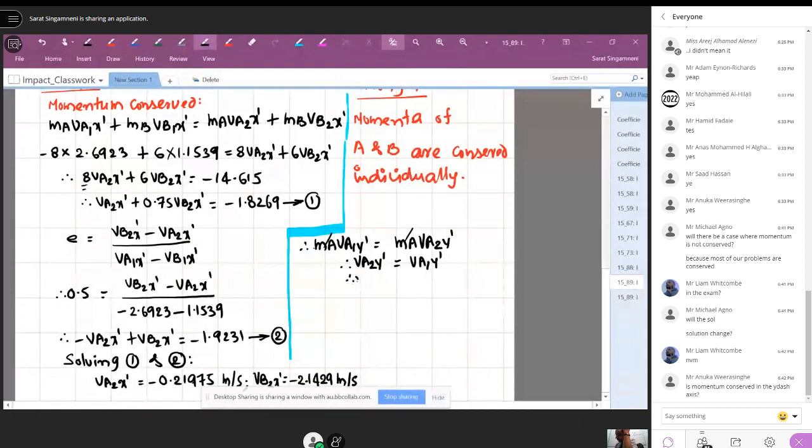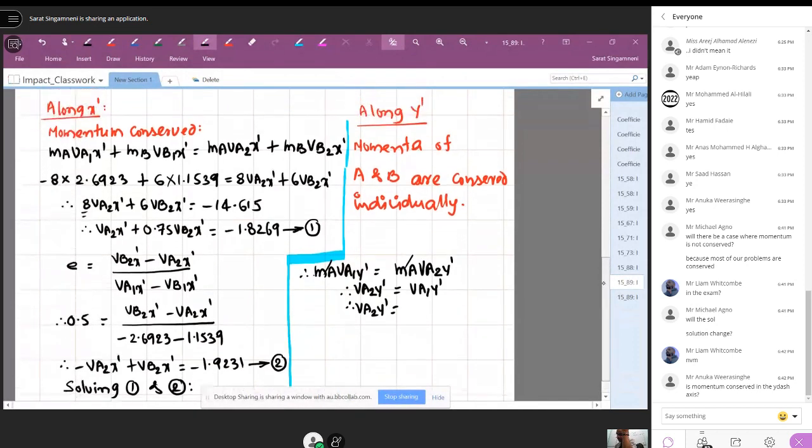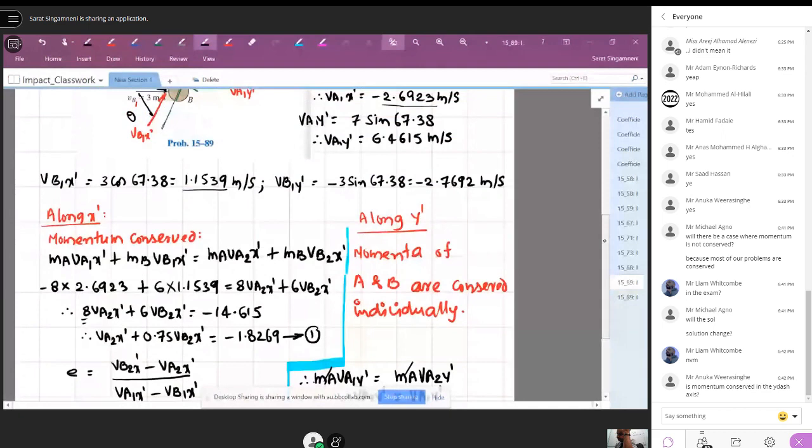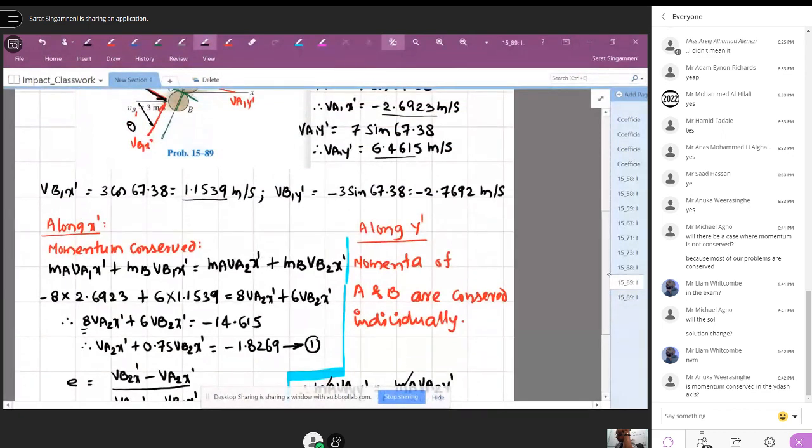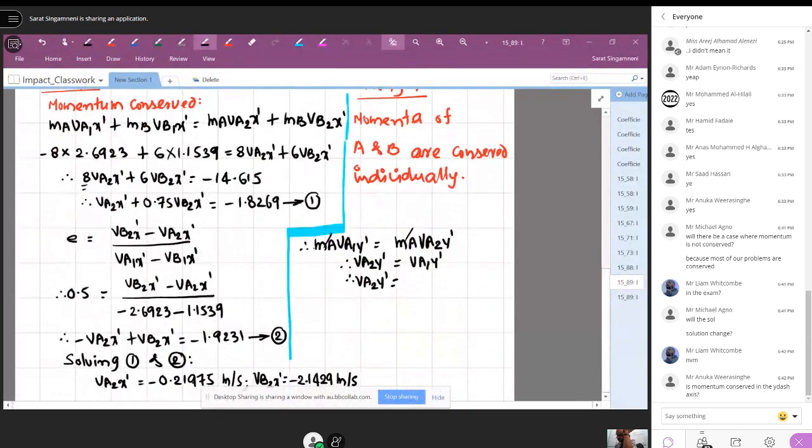Therefore, VA2 y dash is the same as VA1 y dash, which is 6.4615 meters per second. It just goes with the same velocity.